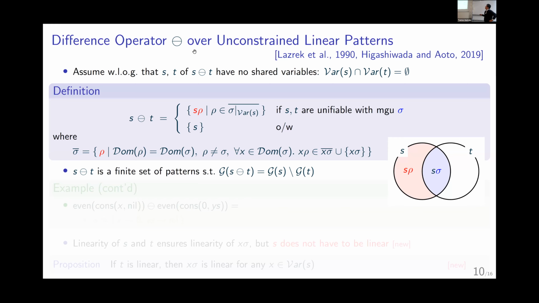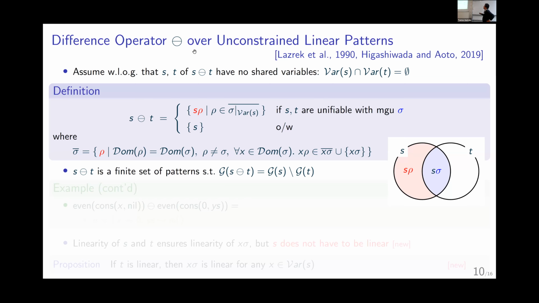And then this difference operator computes in this way. So if S and T are unifiable with most general unifier sigma, then this operator returns this set. So S sigma, that is equivalent to T sigma, is the overlap part of S and T. And thus the difference is this red area.